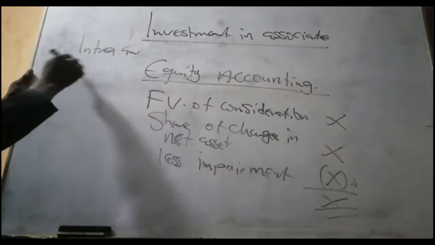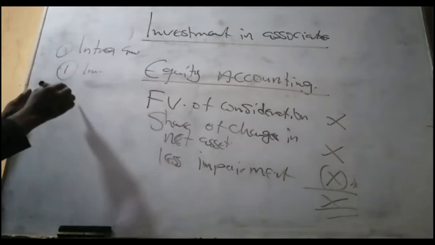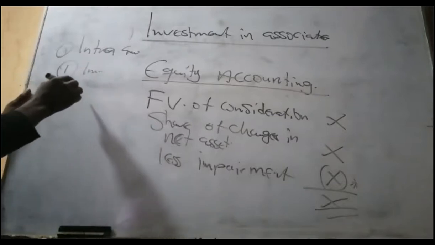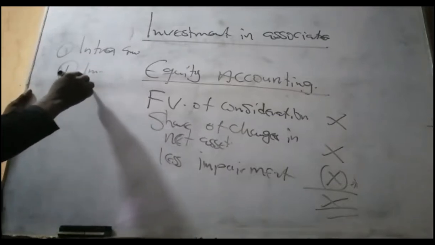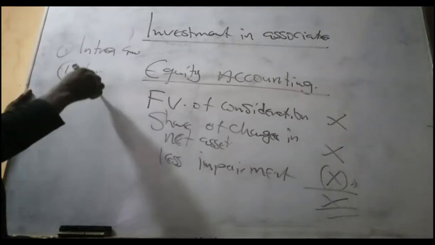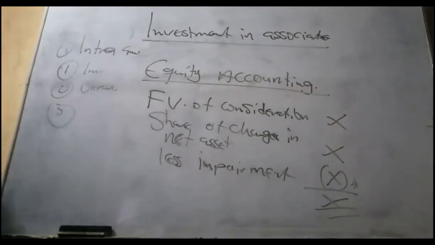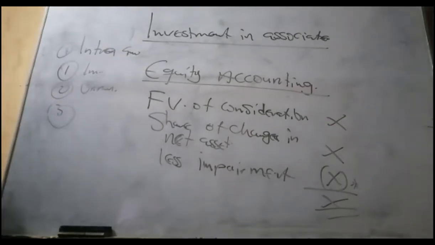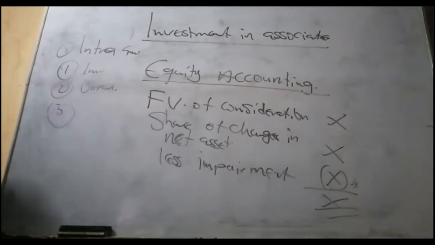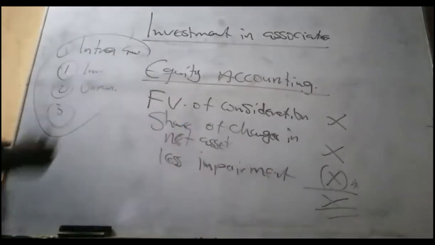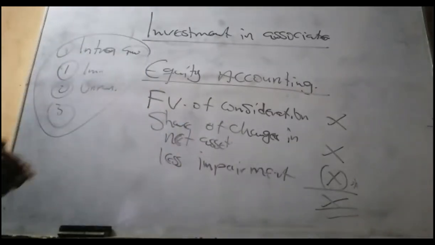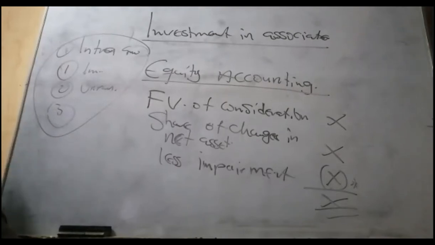One, we have intra-group sales: how do you treat them? Two, how do you treat unrealized profits on sales? And how do you treat intra-group debt? All of them you will do justice to. As soon as you know how to treat these, we can pick a full question and do justice to it. So kindly take note of that.